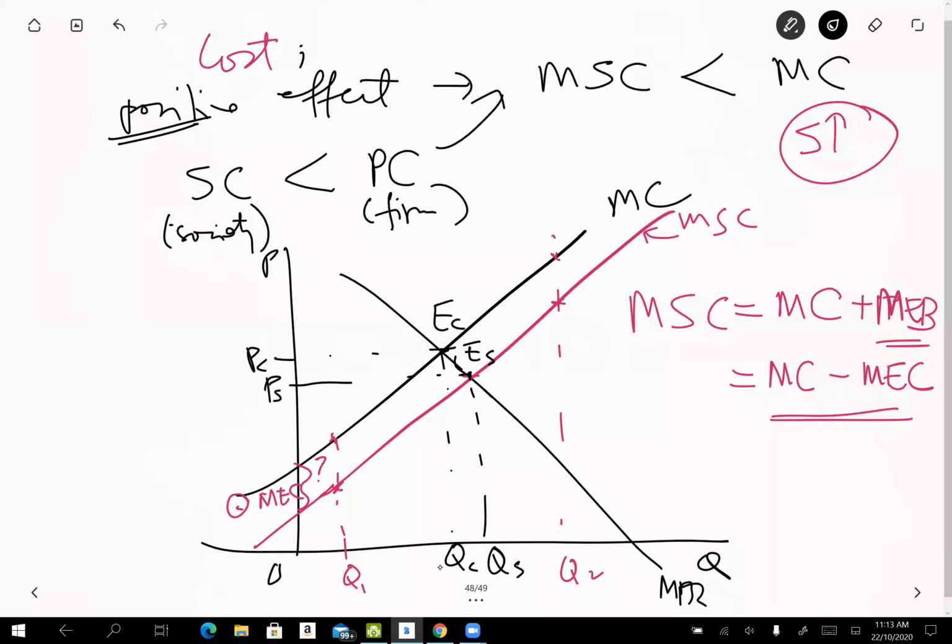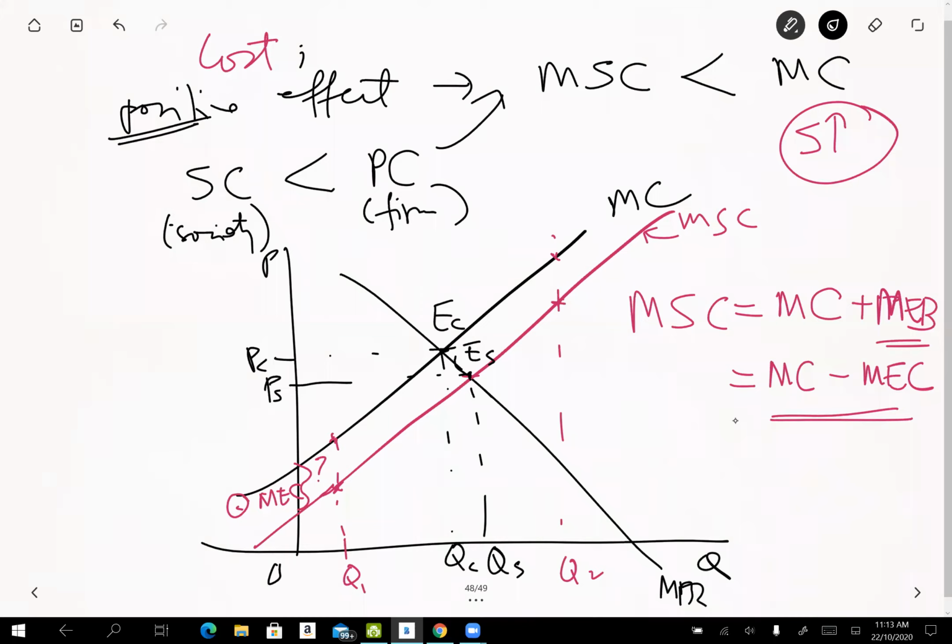And again, make the comparative statics in terms of the comparison between the output and the price. I think by now we are able to do that. So we can see that QS is more than QC.